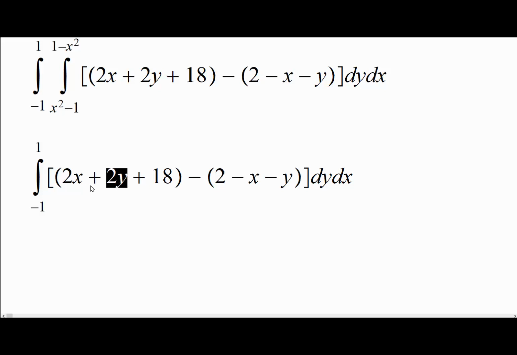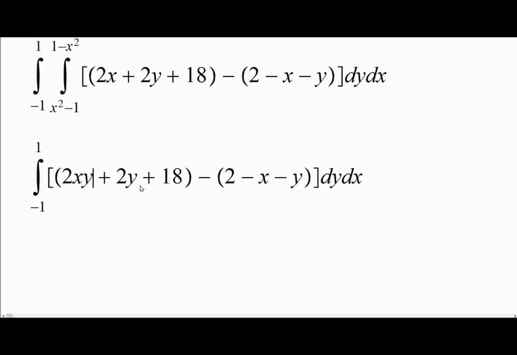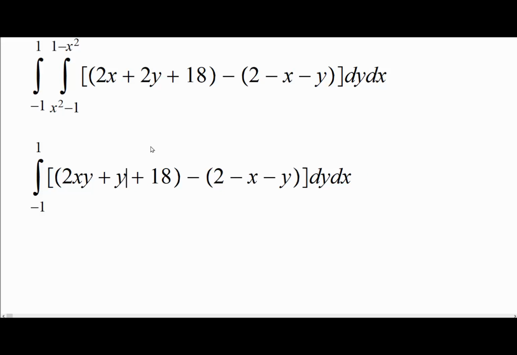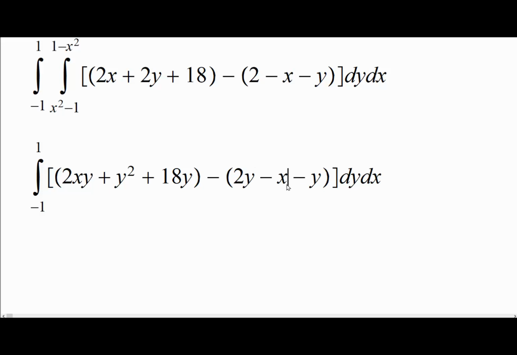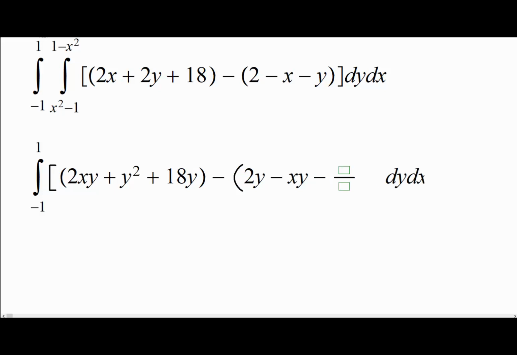We got 2xy, right? And here 2y, when integrated, becomes y squared over 2, so the 2 will cancel. Then I got an 18y. Then here I'll get a 2y, then xy, and then y squared over 2, right?